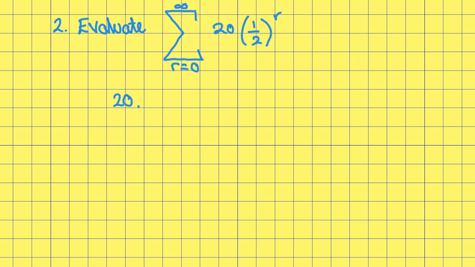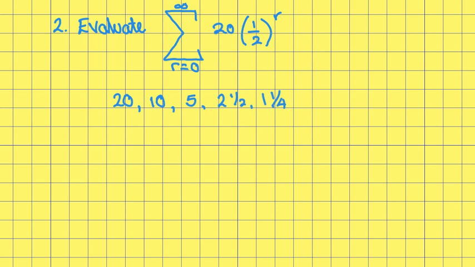The second term, a half to the power of 1 is a half, times 20 is 10. When r is 2, a half to the power of 2 is a quarter times 20 is 5, so the fourth one will be 2.5, and the fifth one will be 1.25. So that's the first 5 terms.